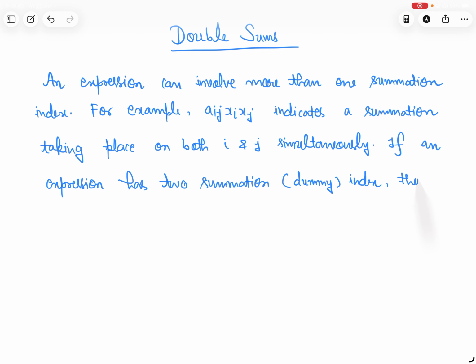So we have two dummy indices. There will be a total of, how many terms will be there? There will be a total of n² terms, because we have double summation.